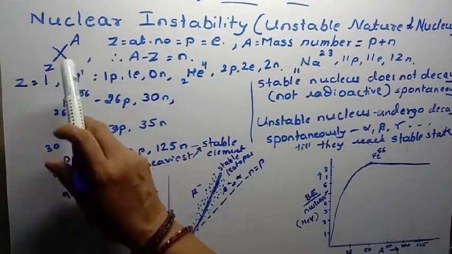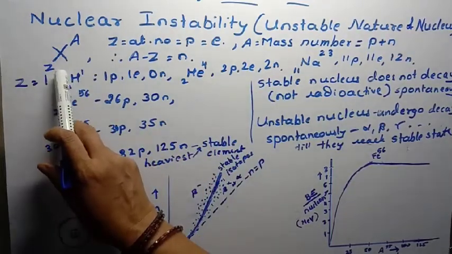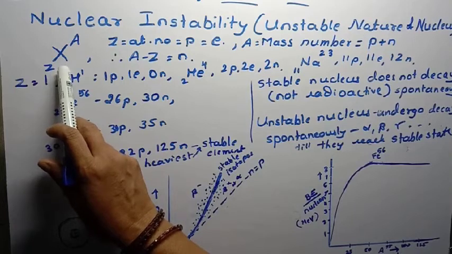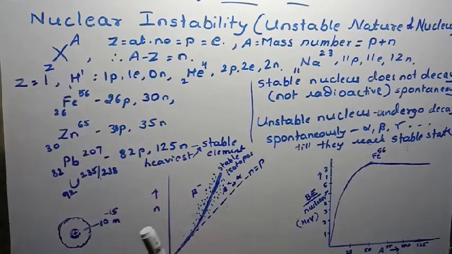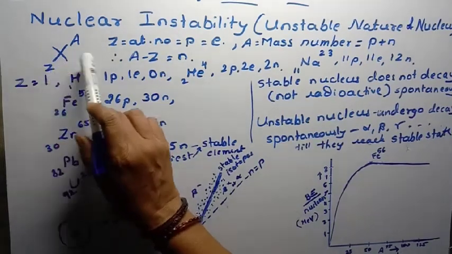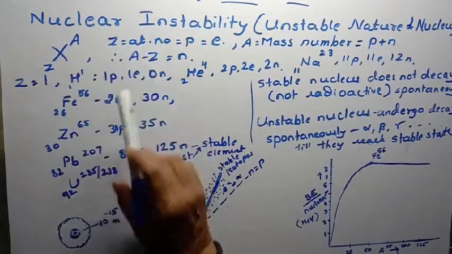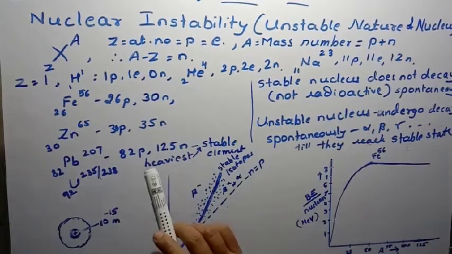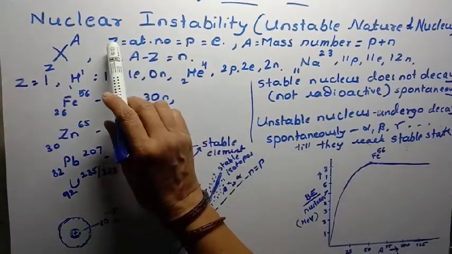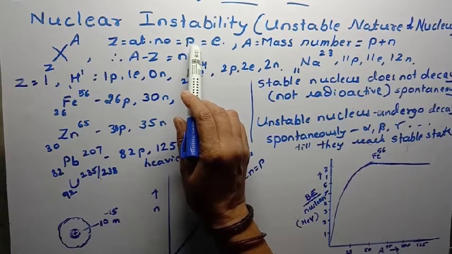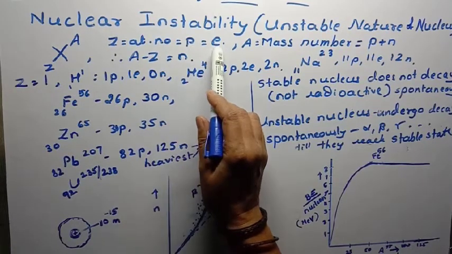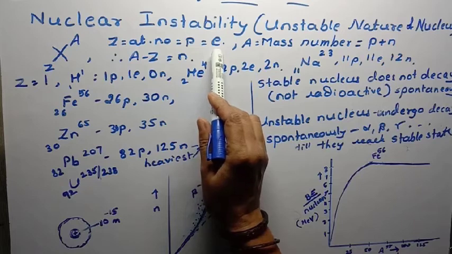Now, basically you are well familiar with the symbol of any atom of an element. It is given by X with Z and A. Z is the atomic number of that element, and it indicates that many protons are present and an equal number of electrons are present in that atom.